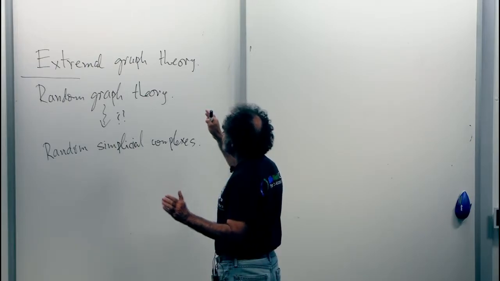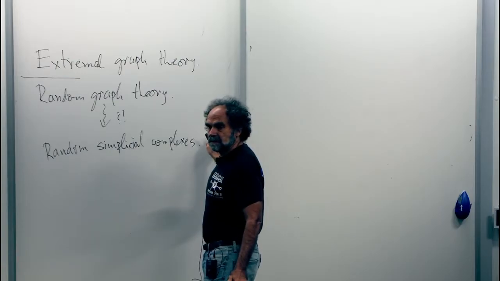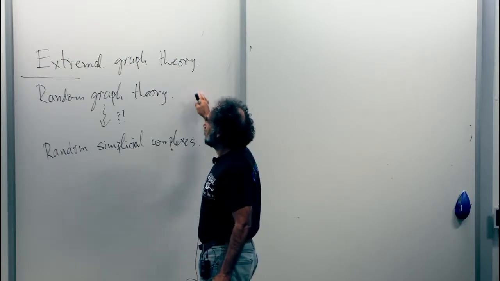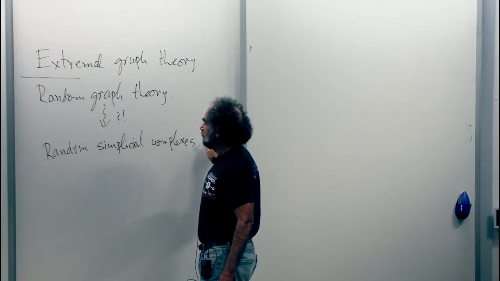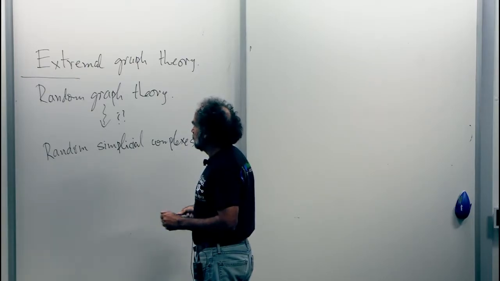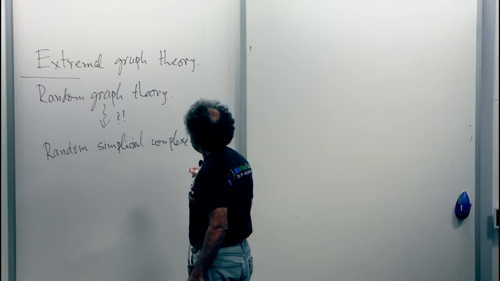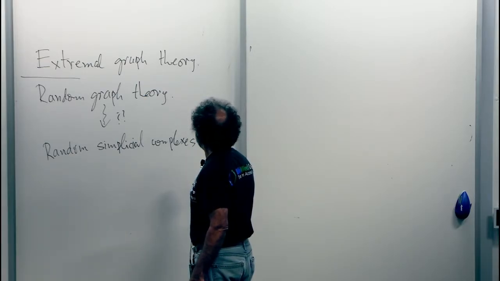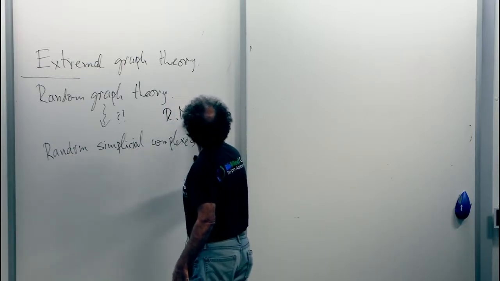So this is what we're going to do throughout most of this lecture: speak about some first steps that were taken in this direction, in developing a theory of random simplicial complexes. That's what we'll be spending most of the time doing. On this I had many great partners, but certainly the first steps were done with Roy Meshulam.